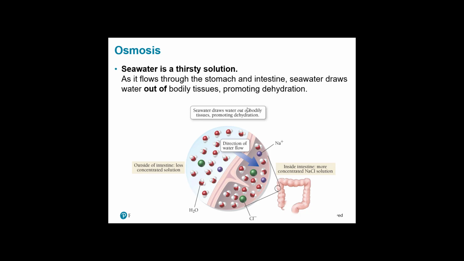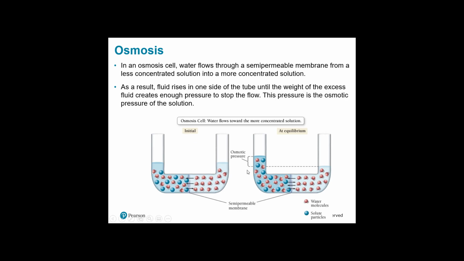So even though you're trying not to become dehydrated, you're actually becoming dehydrated because it's forcing water out of other tissues to reduce the concentration of this concentrated solution, if that makes sense. For instance, it's more concentrated with sodium chloride solution here, and outside the intestines, in another organ, it's not. So in trying to hydrate yourself, you're actually dehydrating other organs, because to dilute the solution here it has to dehydrate other organs.